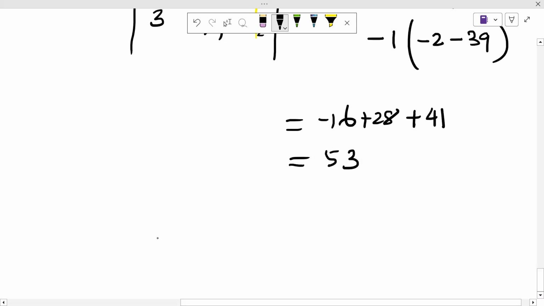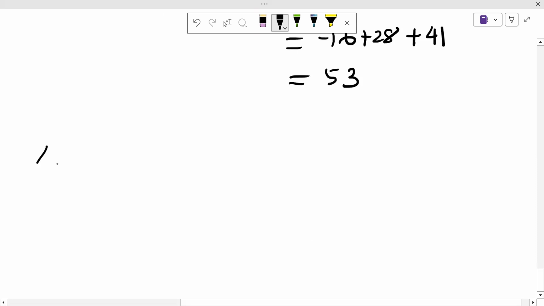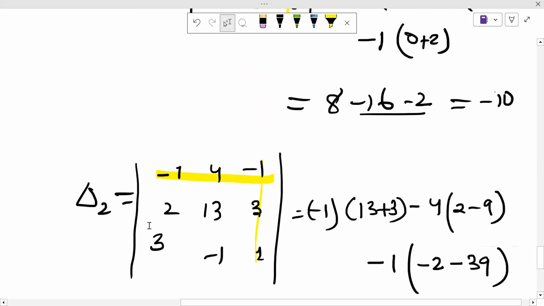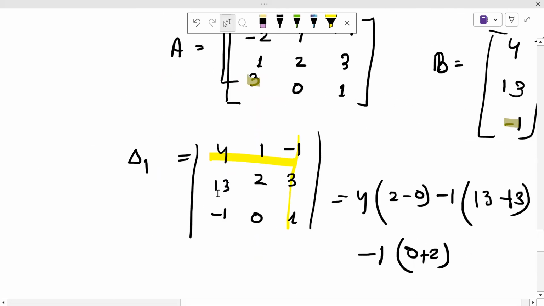Again, del 3 you can evaluate. What is the del 3? Now, x and y are fixed.